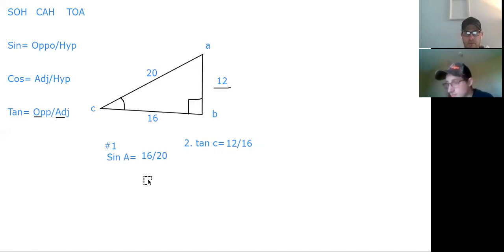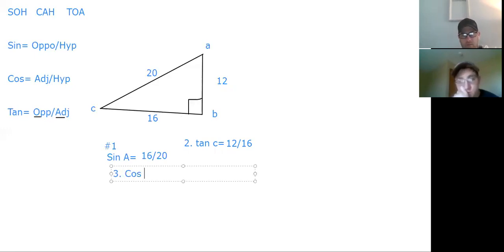What's the next one? Cos A. So the cosine of A. Let me erase all my marks. Cosine of A. Well, what angle are we using? Angle A. Cosine is adjacent over hypotenuse.